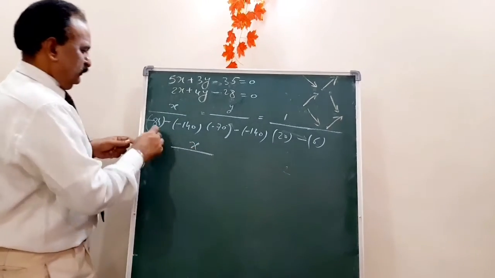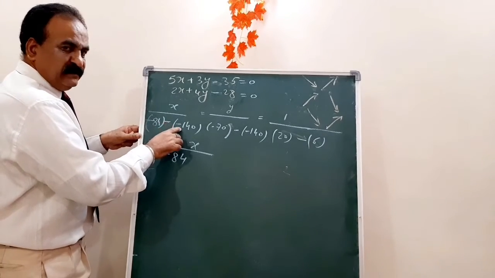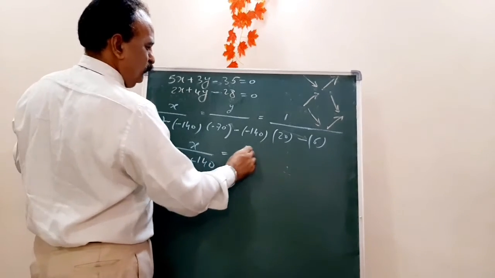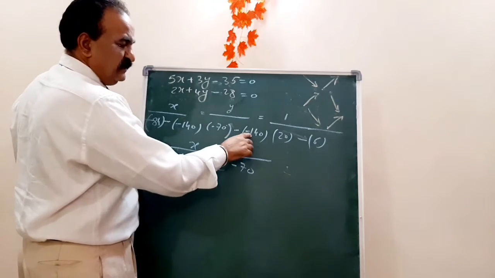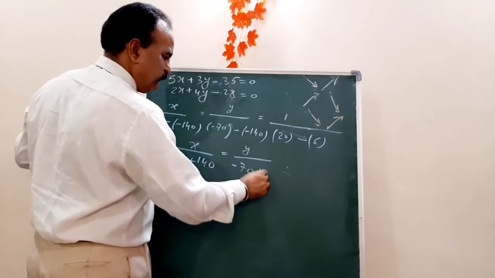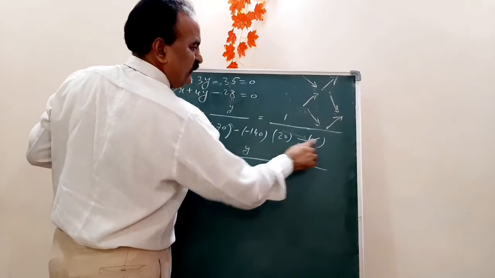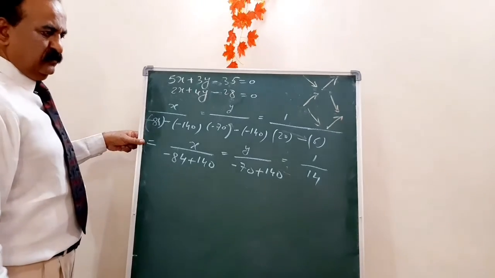x upon minus 84, and this minus becomes plus 140, is equal to y upon minus 70, and this minus becomes plus 140, is equal to 1 upon 20 minus 6, which means 14.